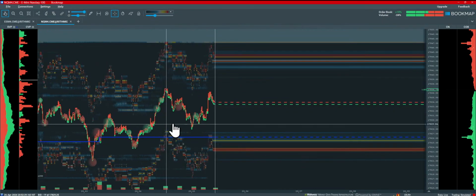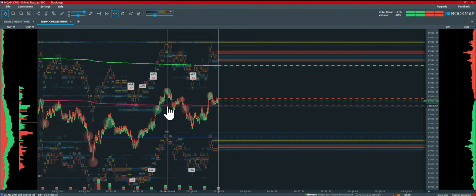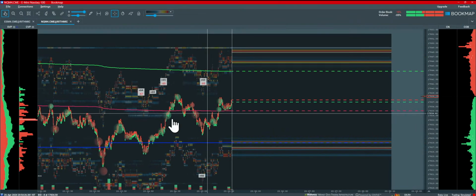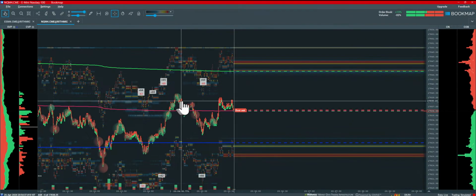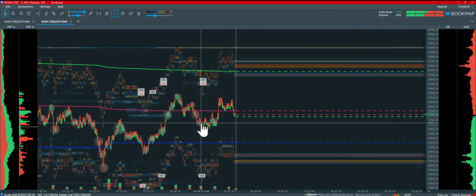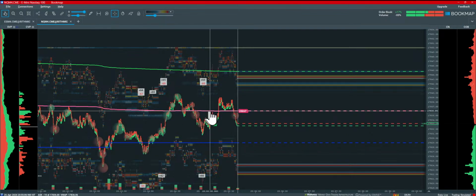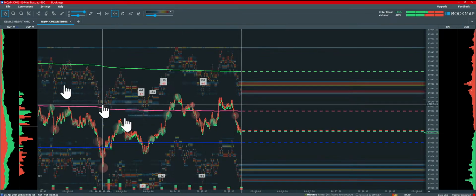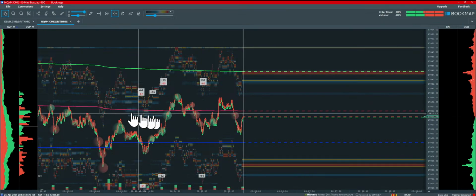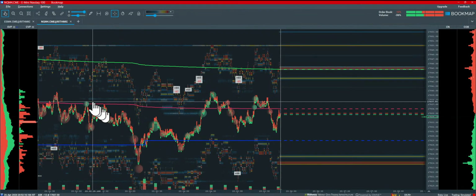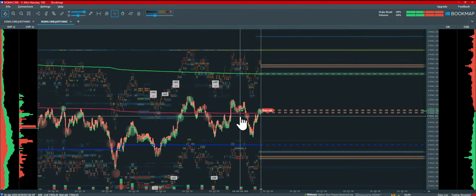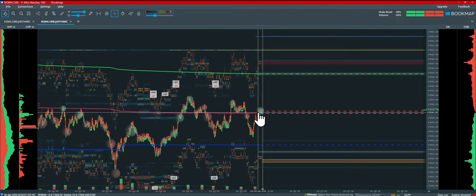Okay, so when I'm looking at something like this, and I want to go short, something like this is what I'm expecting. If it is not happening here, for example over here, what I want to see is it starting to flatten. If I see, let's say, it comes here and an absorption of sorts, something like this, it gives me an indication that the buyers are trying to step in and not move the market up.